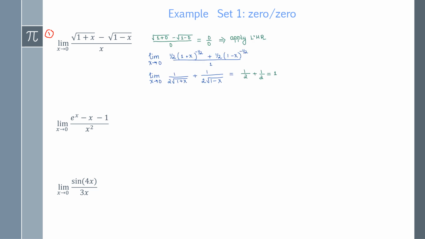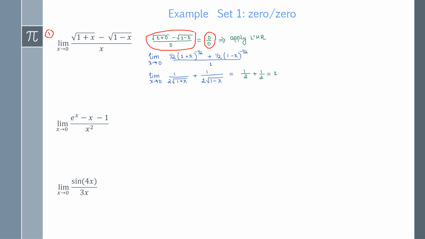First step is to evaluate this expression at x equal to 0, and I'm doing it over here. Notice we get 0 over 0, which is one of the two forms where the L'Hopital rule is applicable. Now that I've established that the rule is applicable, we're going to take the derivative of the top and the derivative of the bottom.